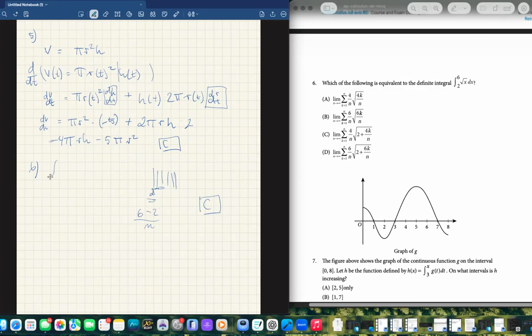If you recall this generic format here, an integral from a to b of f of x dx in infinite Riemann sum notation is the limit as n, let's stick with k here, goes to infinity of the Riemann sum from k equals 1 to n.